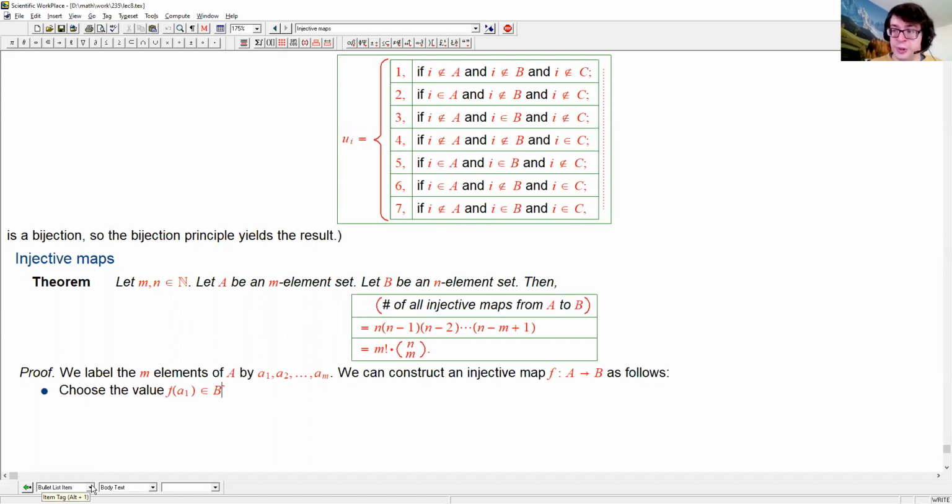That has to be a value in B, and B has n elements, so we have n choices for this. Next, we choose the value f of A2. This also has to be in B, but furthermore, since the map has to be injective, f of A2 should not be f of A1. So we need to avoid choosing the already chosen value f of A1. Thus, we have n minus 1 choices.